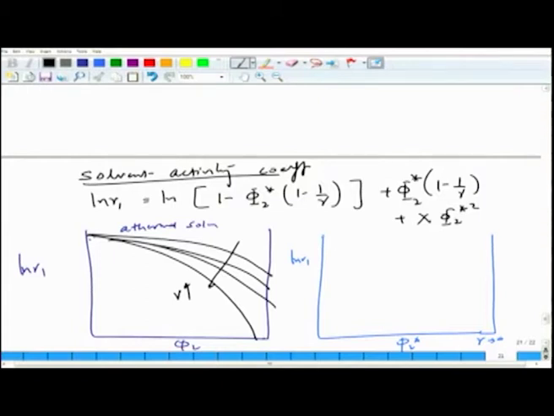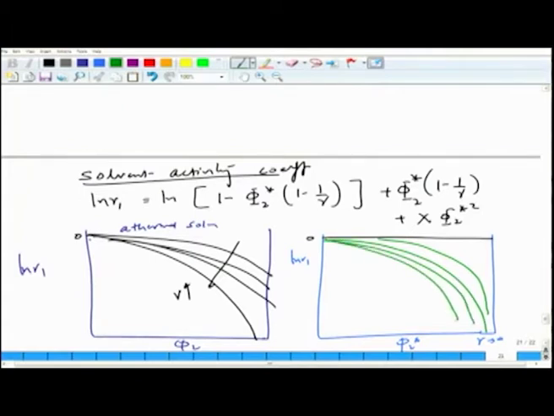This is around 0, and we are going to get something like this. It is not perfectly to scale, but here chi is 0.5, and this is reducing here.